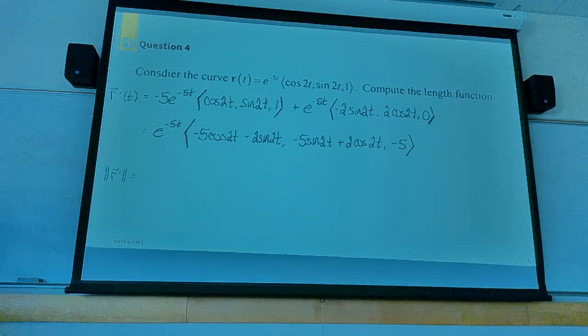Length of r prime. Absolute value of the scalar times the length of the vector.